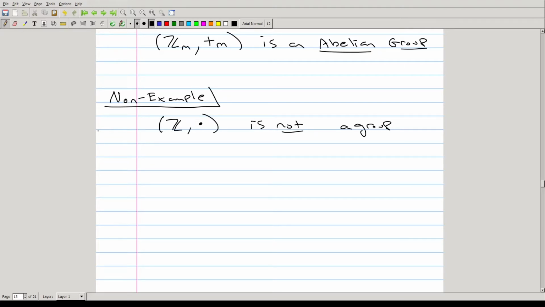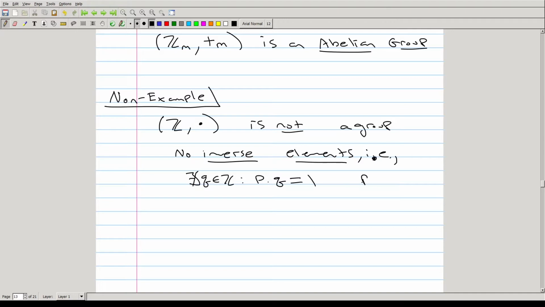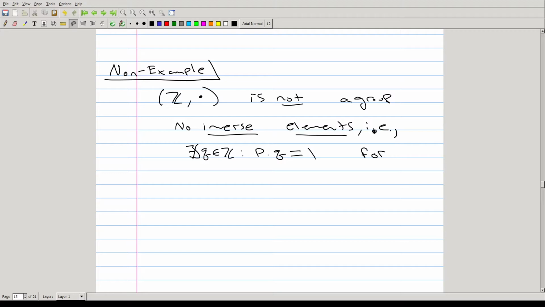And it's not a group because there are no inverse elements, i.e. there exists no q in the integers such that p times q is equal to 1 for any p greater than 1.